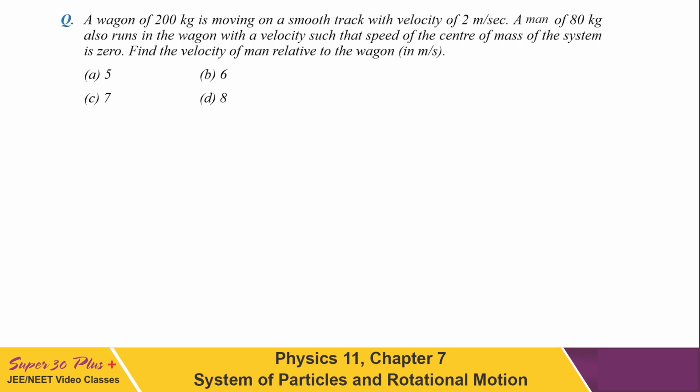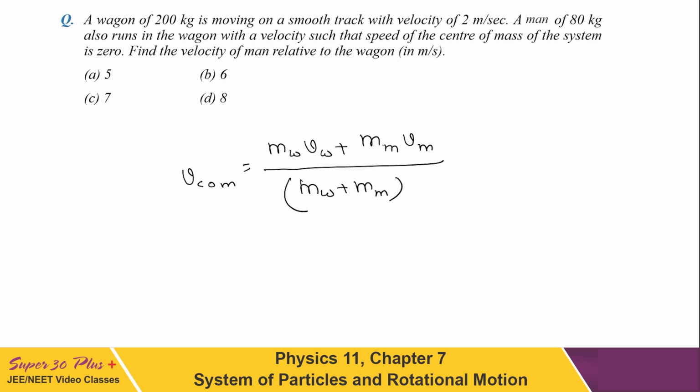If we write velocity of center of mass for the system, by definition it can be written as velocity of center of mass equal to mass of wagon multiplied with velocity of wagon plus mass of man multiplied with velocity of man, and this whole being divided by mass of wagon plus mass of man, that is mass of the whole system.